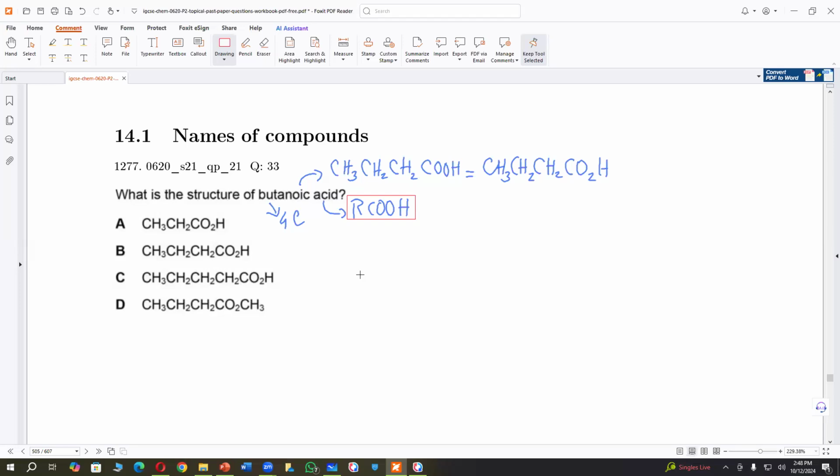CH3, CH2, CH2, CO2H. The first one. Why CO2H? CO2H is there because it's COOH, right? Because COO is sometimes written as CO2. That's a pattern. This is not carbon dioxide. This is actually 1 carbon and 2 oxygen. Okay, now what should I mark for answer? B. Very good.